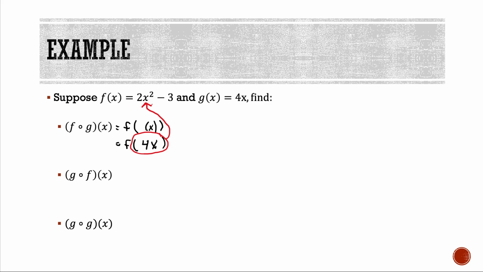All right, so I'm going to write that f function out. So I start with the 2, the 2 that's right here. Then I come to the x, so I'm going to make my substitution, keep it in parentheses. So we've got the 4x that we're substituting in. I now have this squared right here. And then I have the minus 3 on the end.